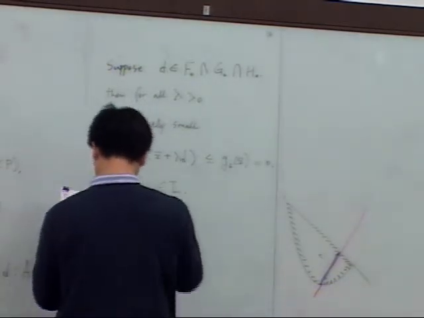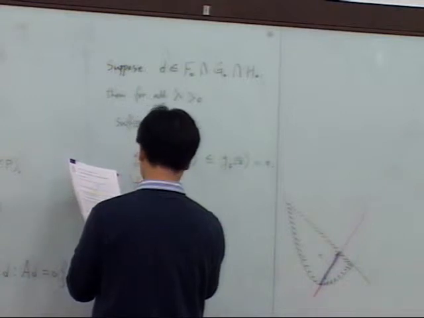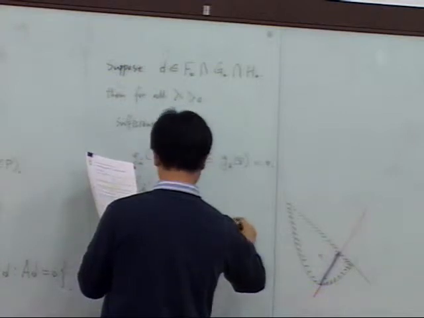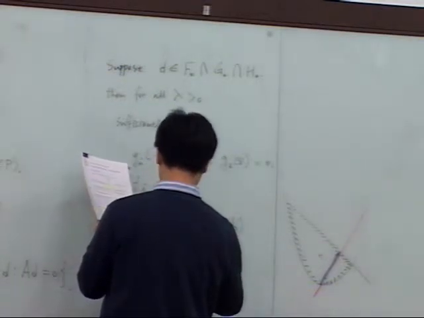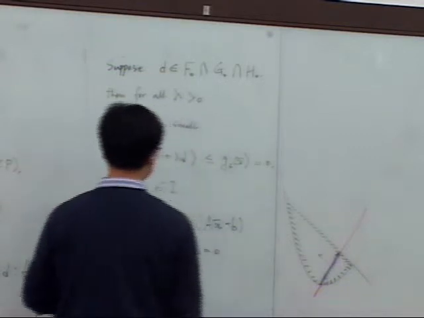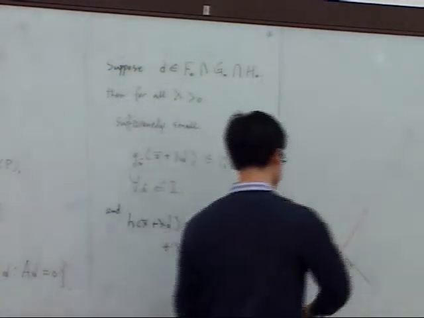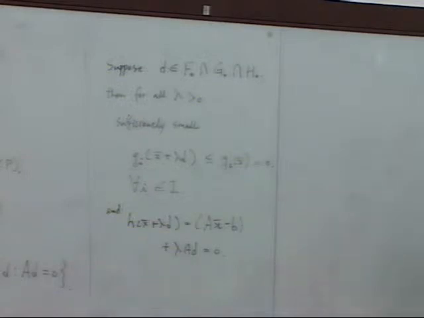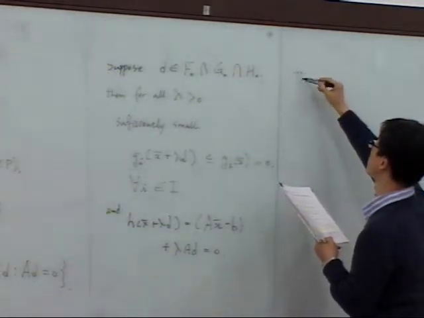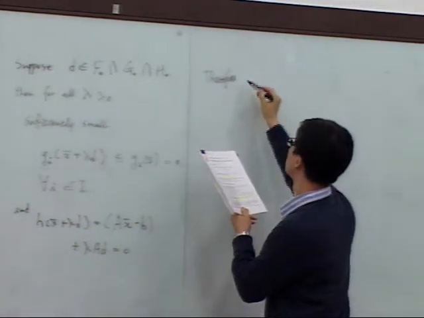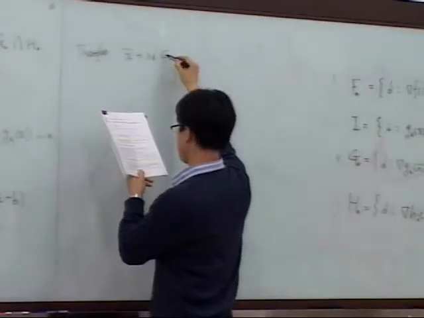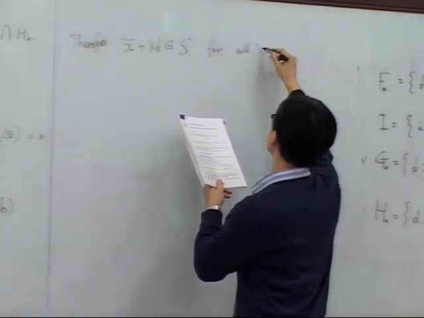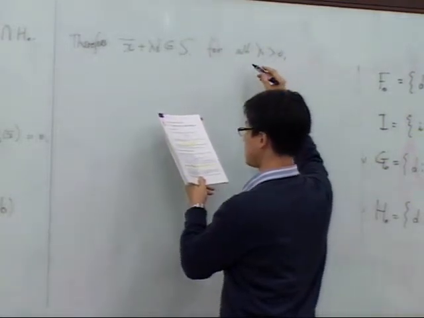And this will also hold. Therefore, x bar plus lambda d is also feasible for non-negative lambda sufficiently small.